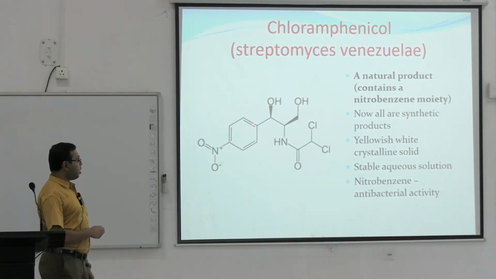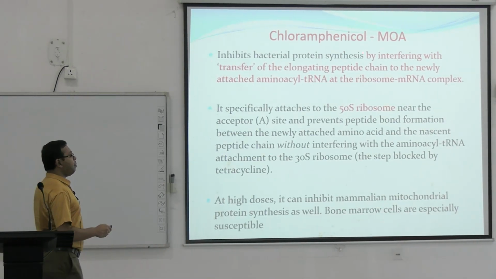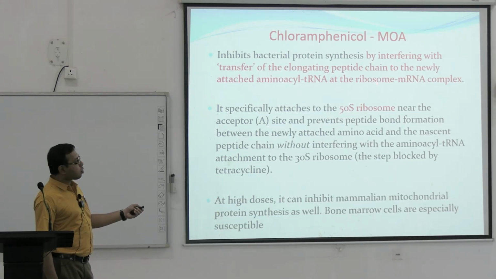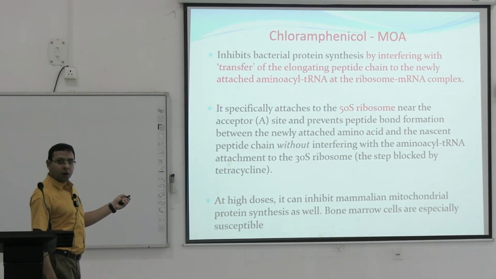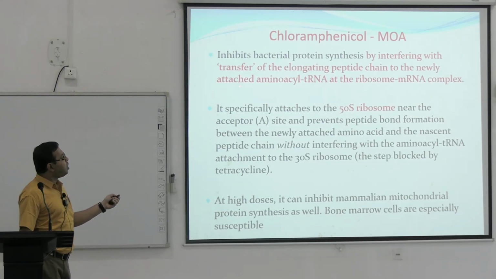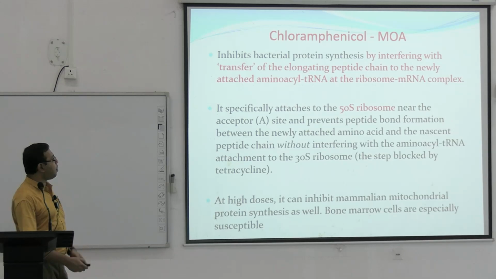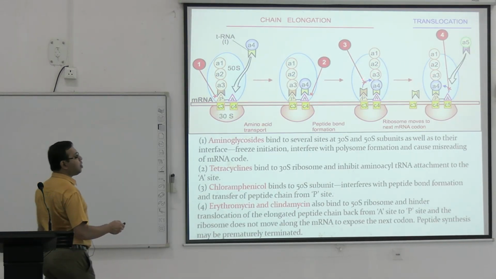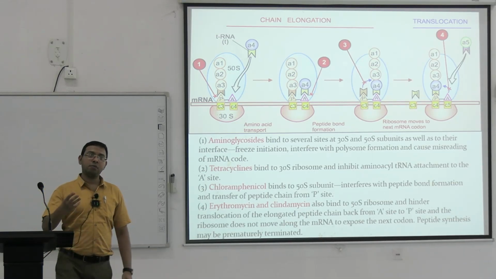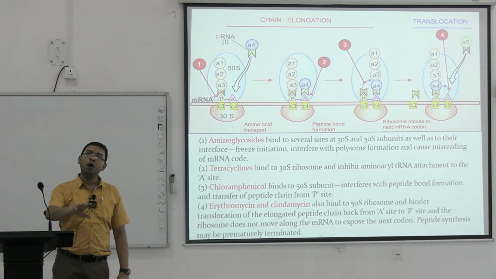Its actions we have already seen. They act by interfering with the peptide chain and the newly attached amino acid tRNA at the ribosomal mRNA complex. So basically they act on the ribosomes. If you can remember this diagram, the mechanism of action of all the antibiotics that act on the protein synthesis mechanism will be easier.